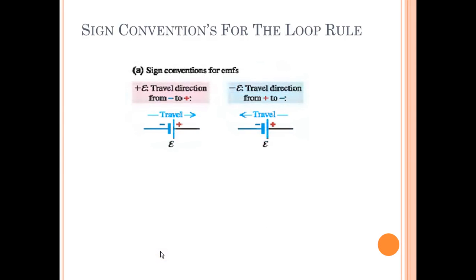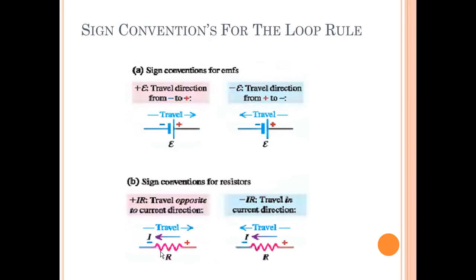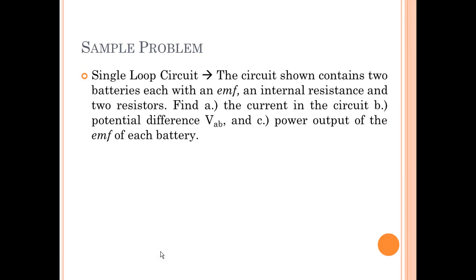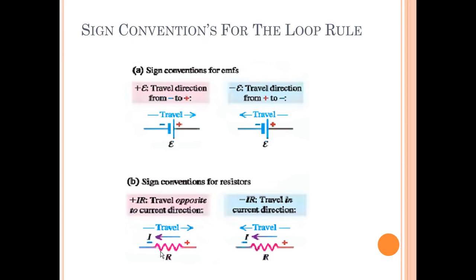Okay. Now, in terms of sign convention, we follow certain sign conventions for Kirchhoff's rule in order to perform any circuit analysis that involves problems such as this one. So these are the sign conventions for our Kirchhoff's loop rule.